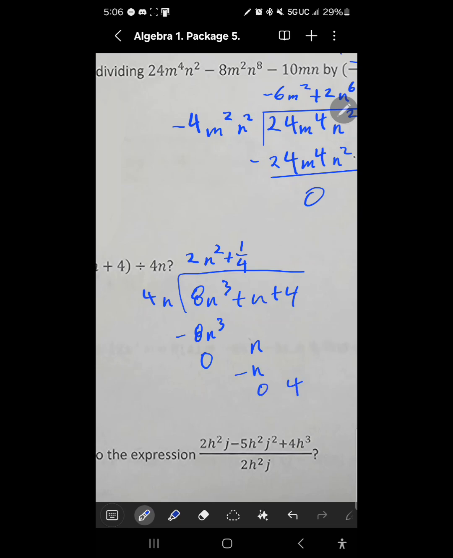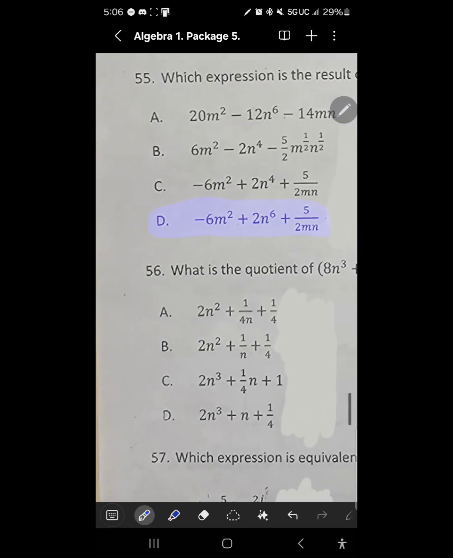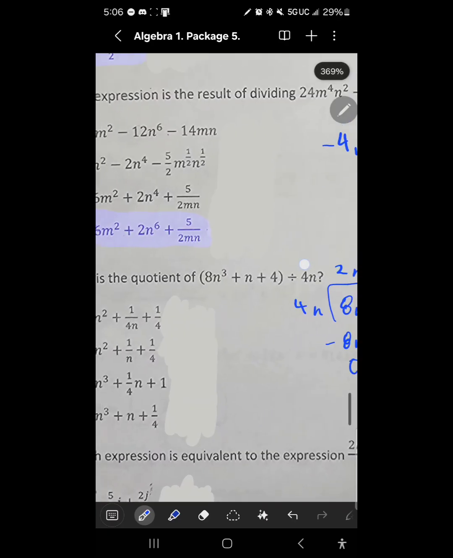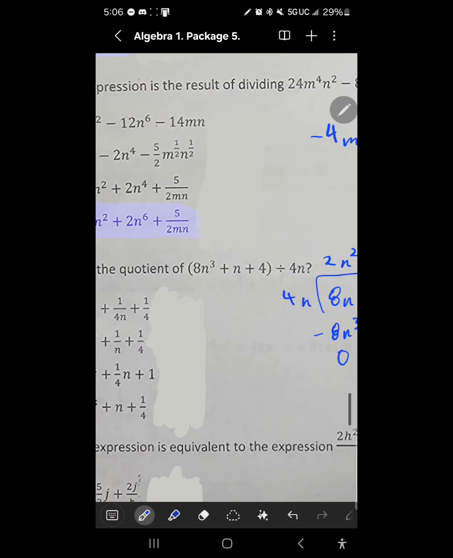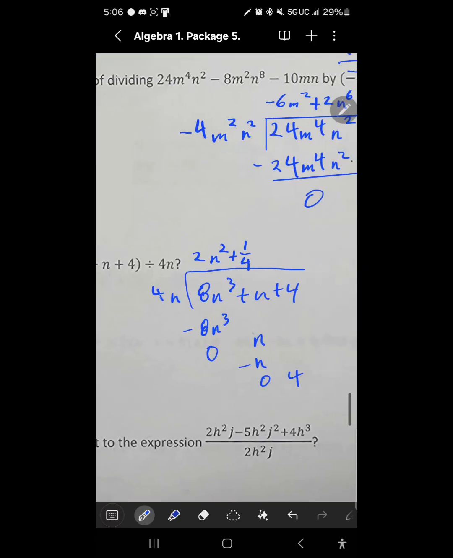Then we have 4. So 4 divided by, what is the quotient? So here, 4 divided by 4 is 1.